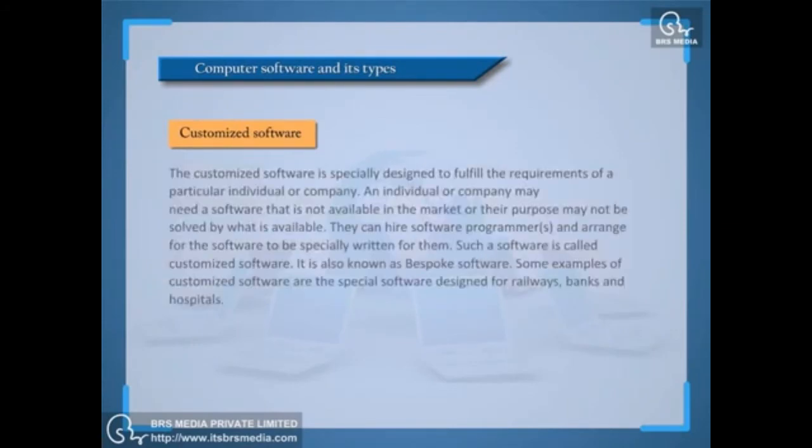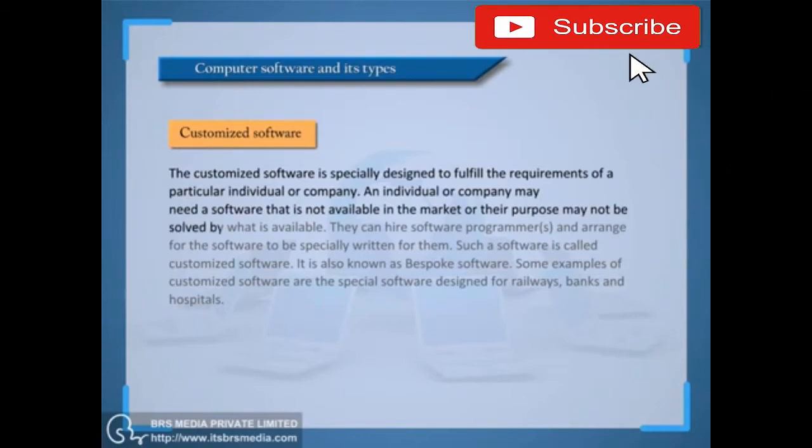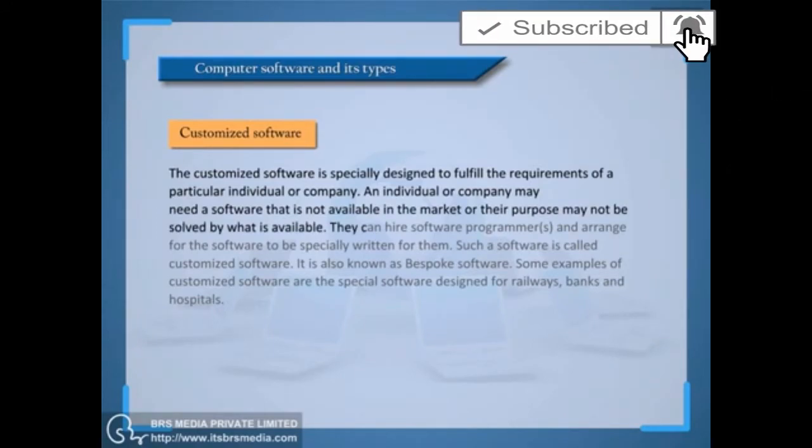Customized software. The customized software is specially designed to fulfill the requirements of a particular individual or company. An individual or company may need a software that is not available in the market, or their purpose may not be solved by what is available.